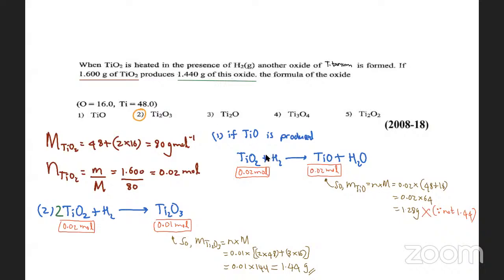So here you have to just focus on what is the reactant, what's the product. We don't have to worry about hydrogen and the other compound. I just put it to show you what happens to hydrogen, because if titanium is getting reduced from +4 to +2, hydrogen should get oxidized. If hydrogen is getting oxidized, since oxygen is also there, definitely water is produced during the reaction. But we don't care about water. The water is not a problem for us.